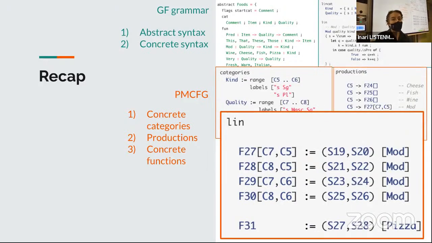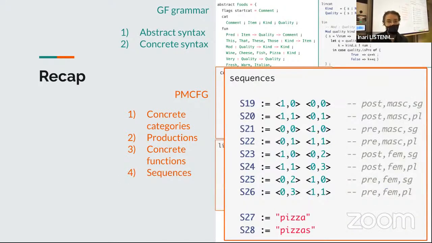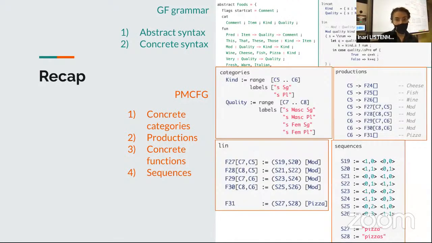And then these concrete functions on the right-hand side of productions resolve into sequences. These sequences are the machinery that actually puts together strings, like pizza vegana, pizzas veganas.